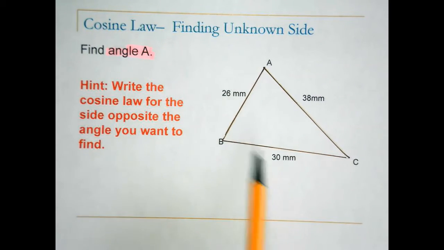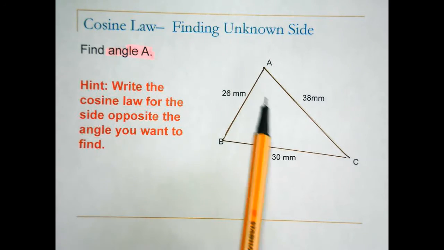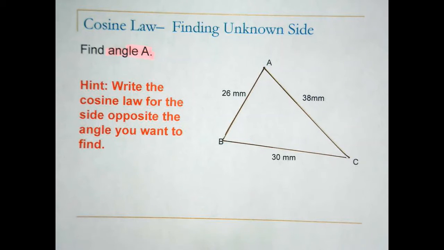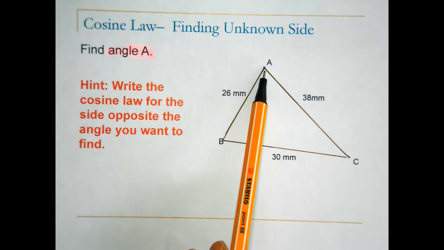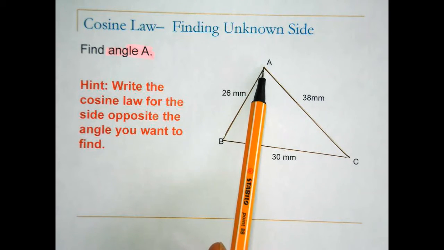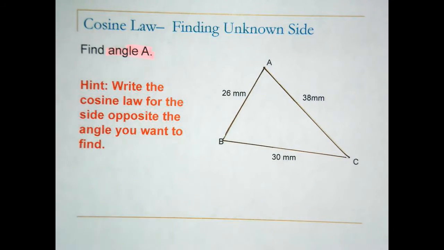When we have three sides, we have to use cosine law. You have to write the cosine law because there are three ways you can write it for three different sides. If you want to find angle A, you have to write the cosine law for the corresponding opposite side, which is going to be side a.